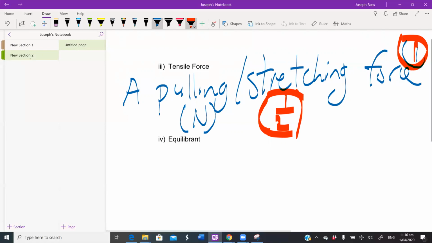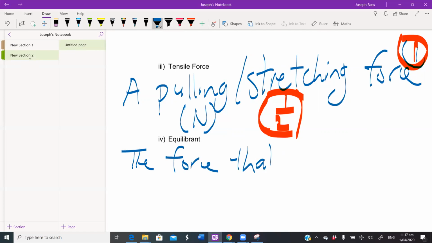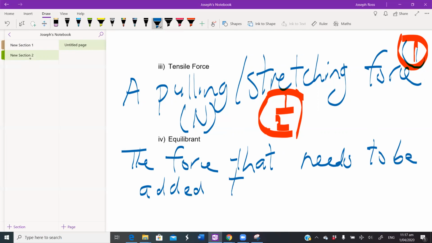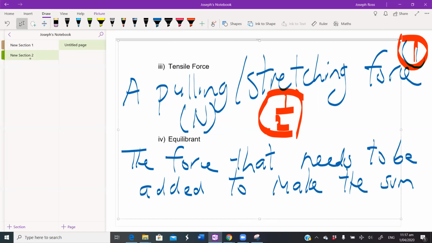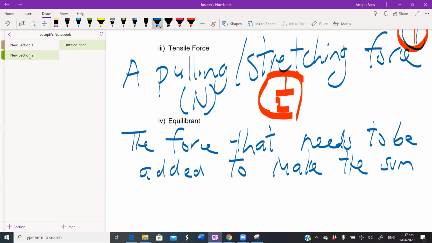So the true definition of the equilibrant is the force that needs to be added to make the sum of all forces 0.